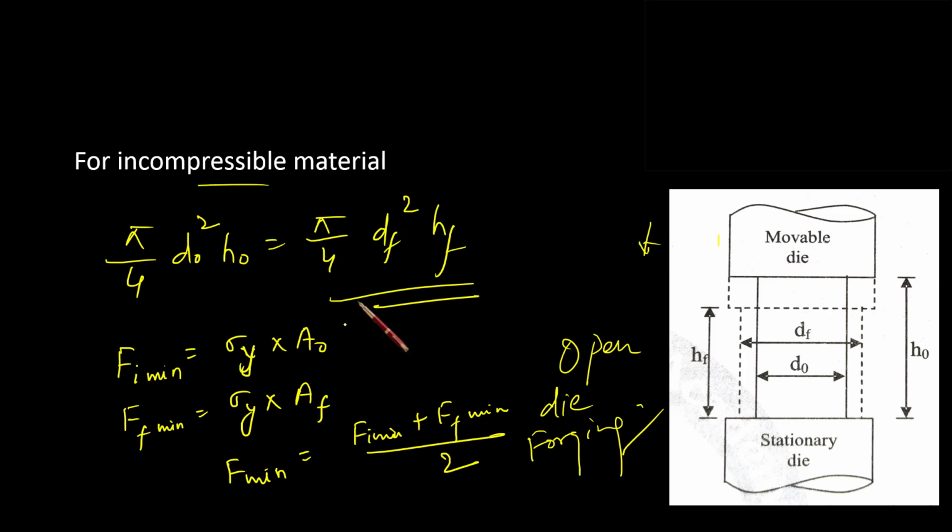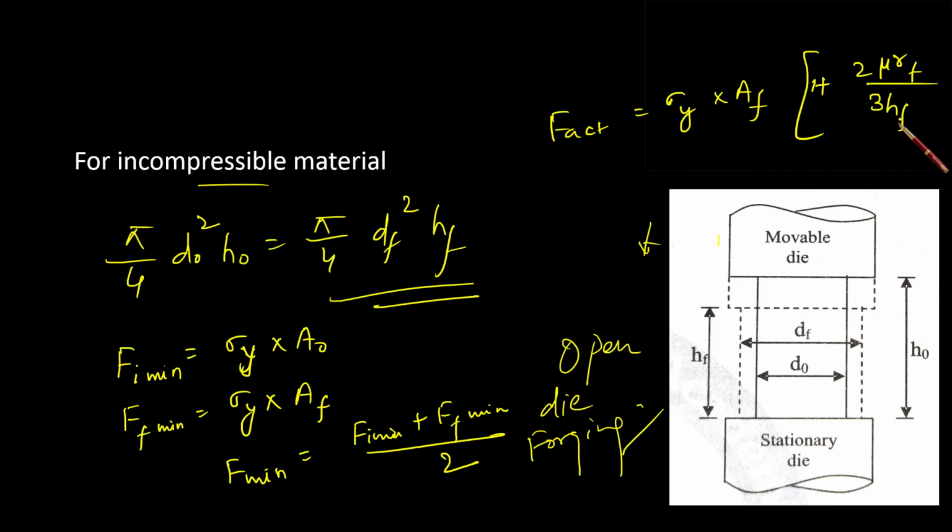And if we find out the actual force, F actual, then there is a little bit complicated formula, that is not so much required. This kind of equation, numericals will not be asked, as in this examination objective questions will be asked mostly. So there is no requirement of paying much attention to this.